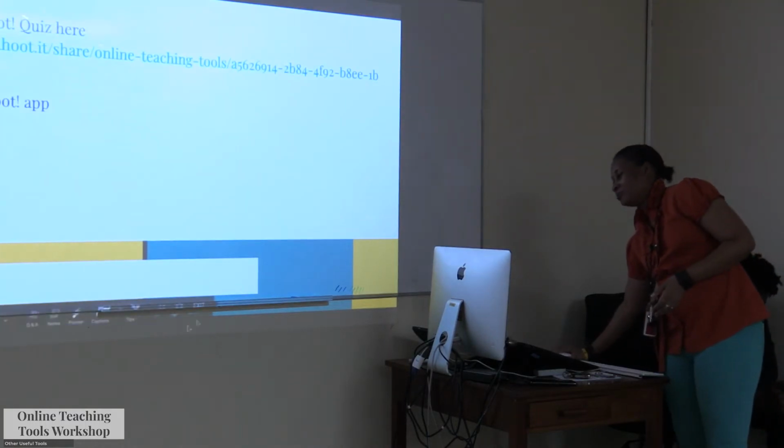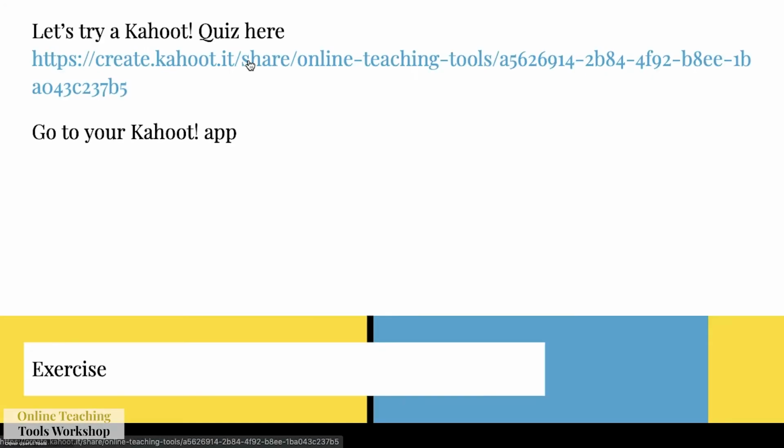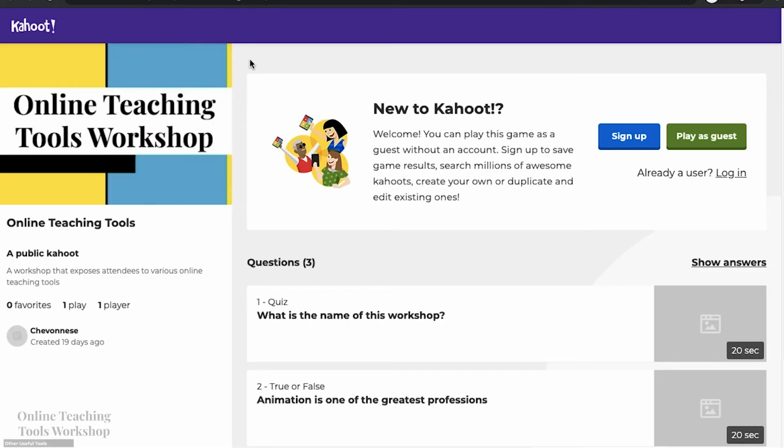All right, what was it again? Yes, I want you to click on it, and there's the Kahoot app. Why is it giving me everything?